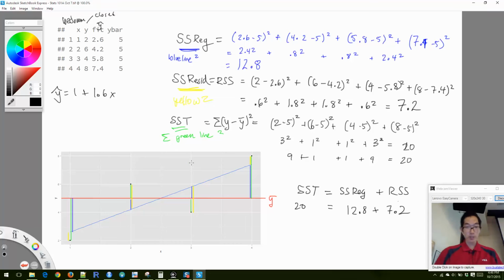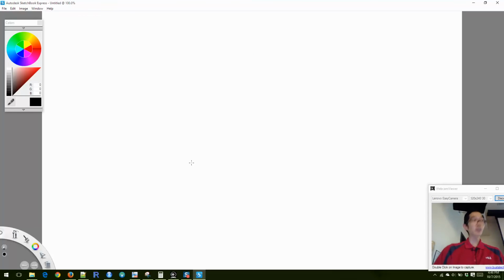Okay. All right, so anyway, let's create our table. We have sum of squares regression, residual, and total as our source.